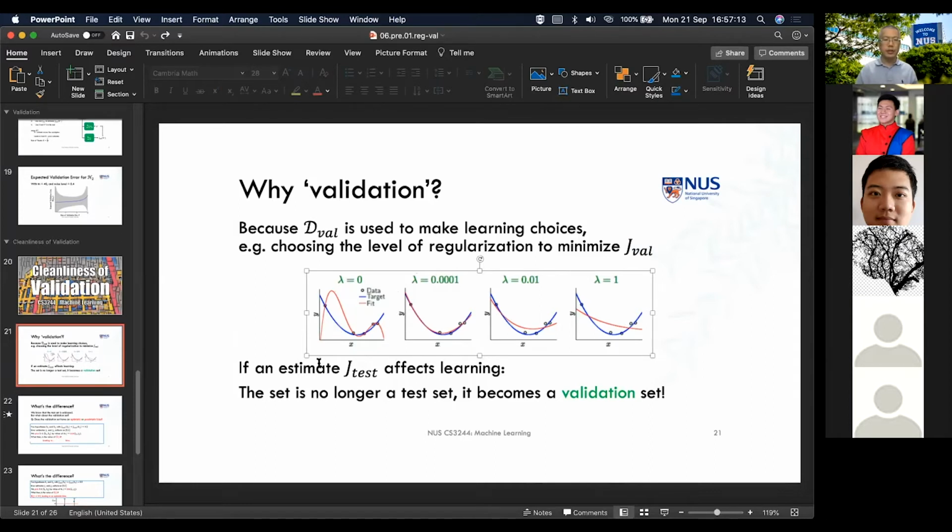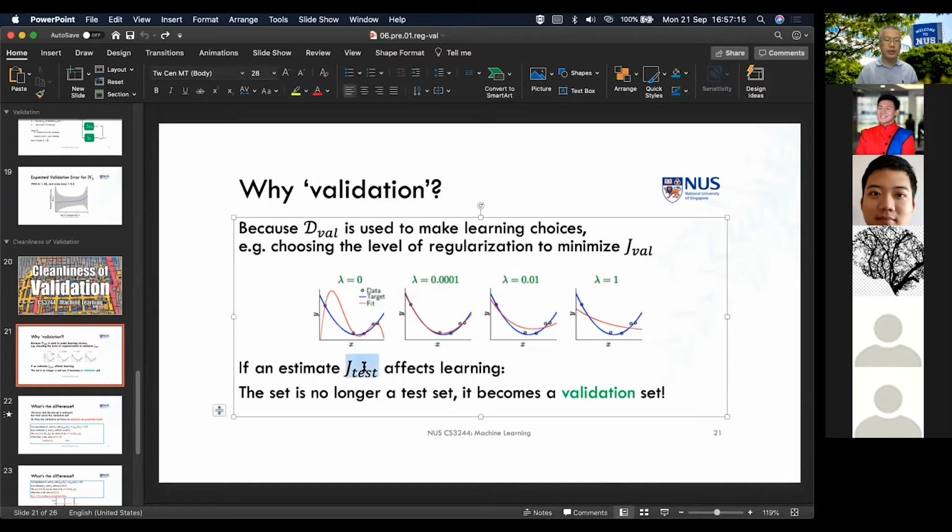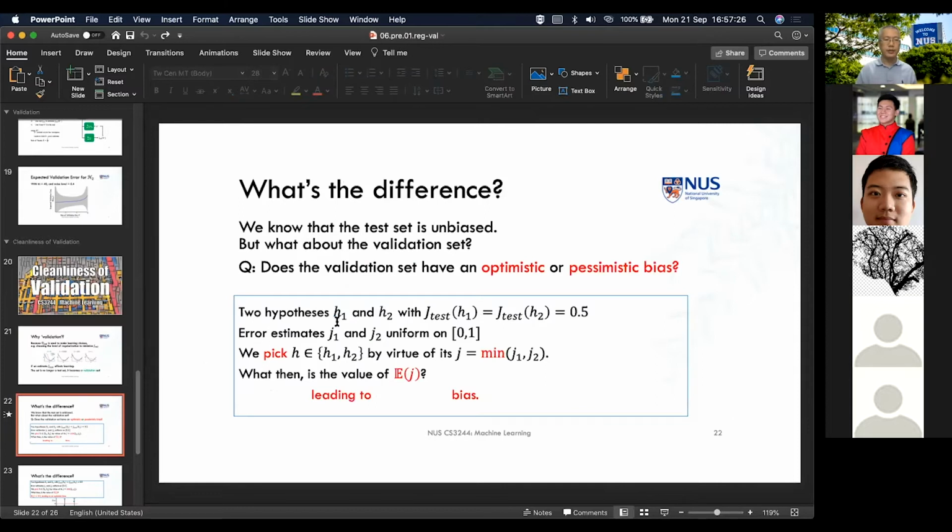That means it's not actually performing as a test set anymore. It's a validation set because we made a decision based on it. When we use the actual test set, that test set is unbiased. We have no knowledge about it. We can't use it to make any decisions. But when we use a validation data set, then we have some problems.